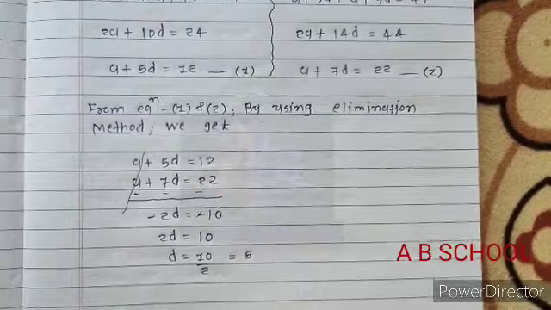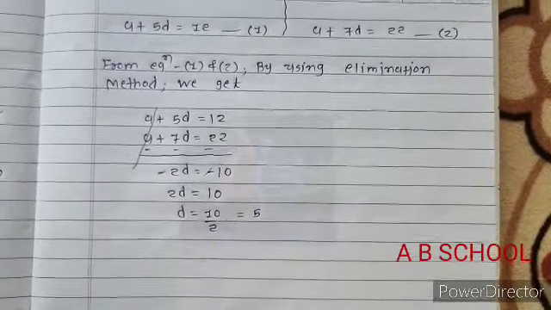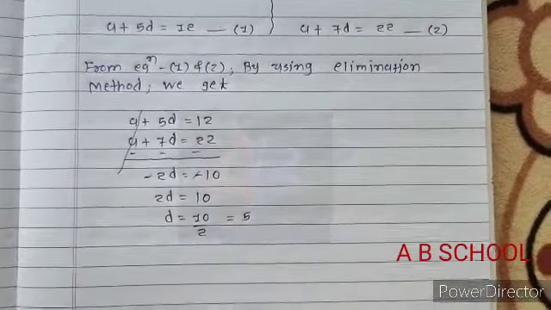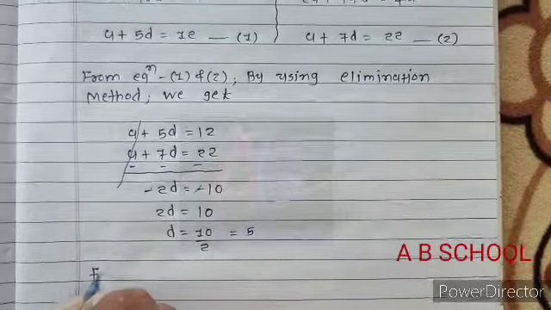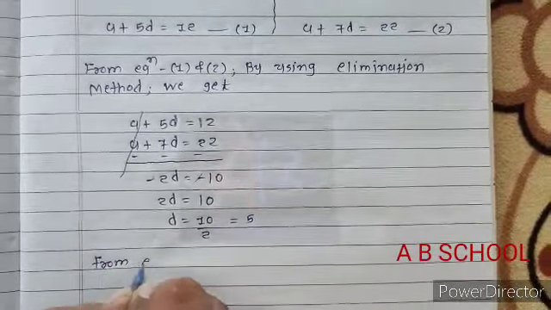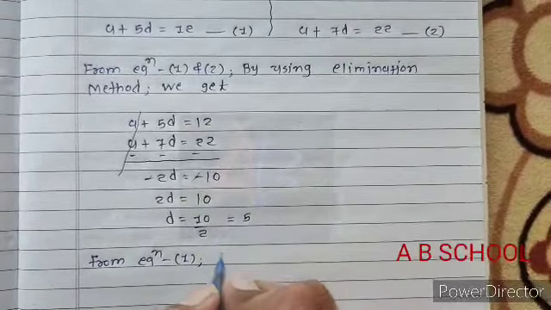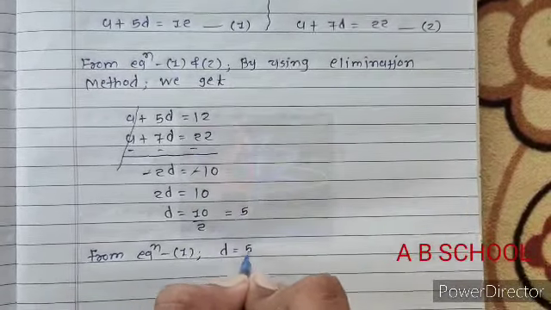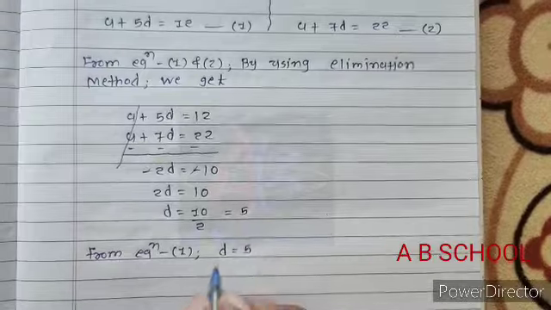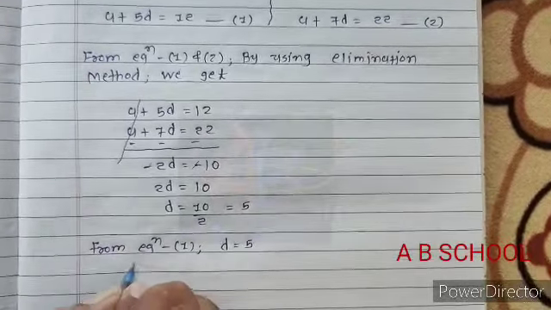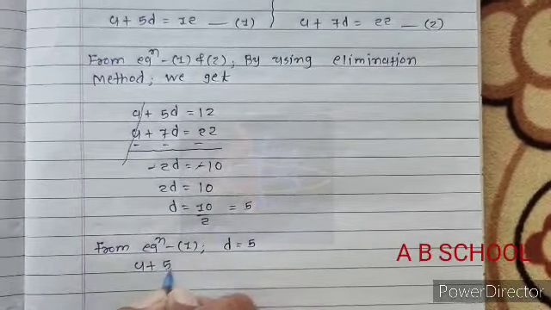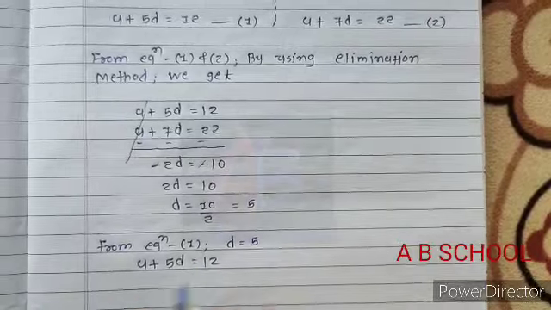Okay, so common difference D is equal to 5. Now from equation number 1, the value of D is equal to 5. So in the equation, put D is equal to 5: A plus 5D is equal to 12.